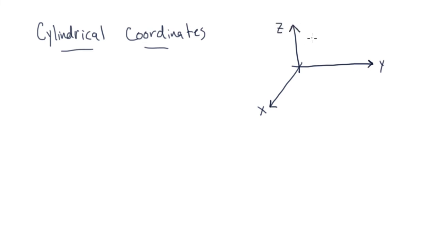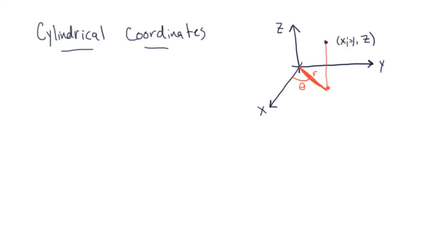For a point x, y, z, instead of just describing it with the Cartesian coordinates, the z coordinate we're really going to leave alone, but we're going to project the point down into the xy plane and describe the x and y coordinates in terms of polar coordinates.